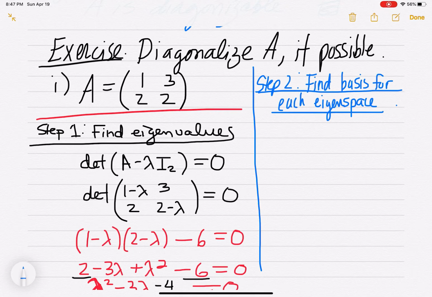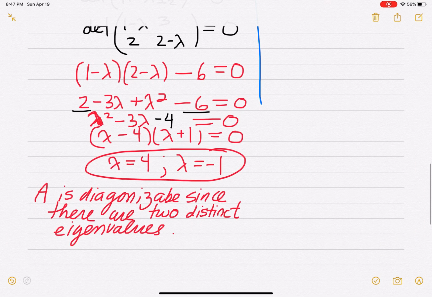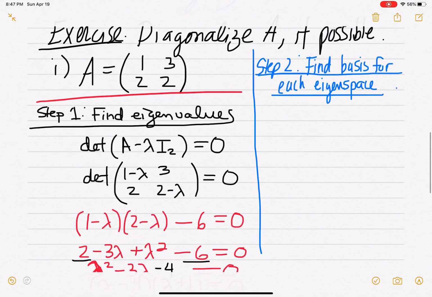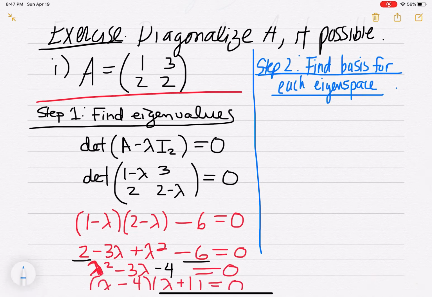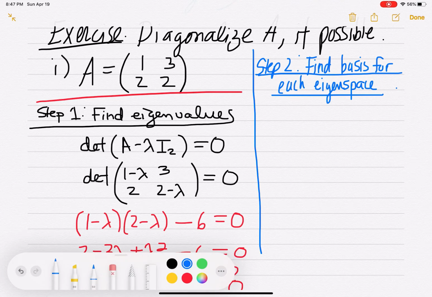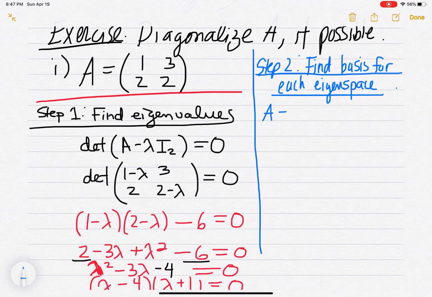All right, so here I go. I'm going to find the basis for the eigenspace associated with the eigenvalue of 4. So I'm going to look at A minus lambda I, 4I, augmented with the 0 vector. What is that exactly?